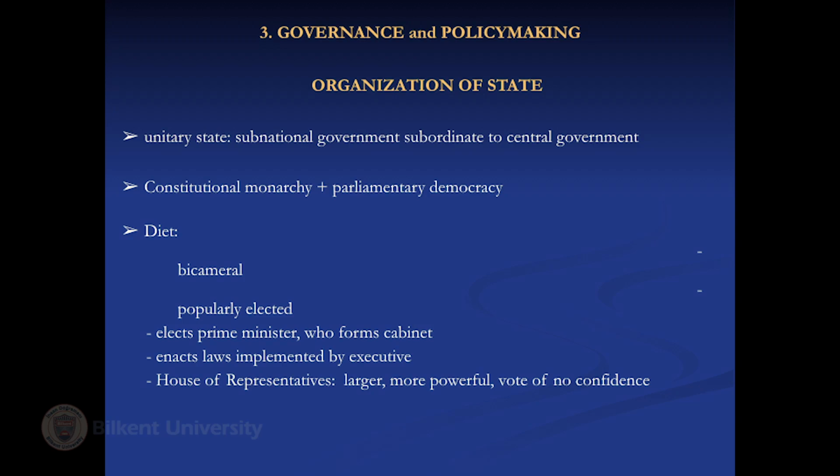Constitutional monarchy, we have the emperor, and we have parliamentary democracy post-World War II, 1949, 50, and we have a predominant party regime, as I shall be talking about later, but we have political stability, economic growth, a centralized unitary system, and parliamentary democracy.